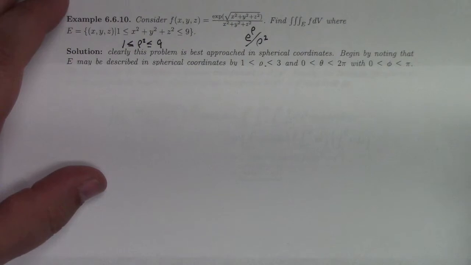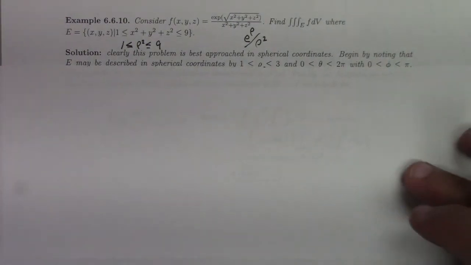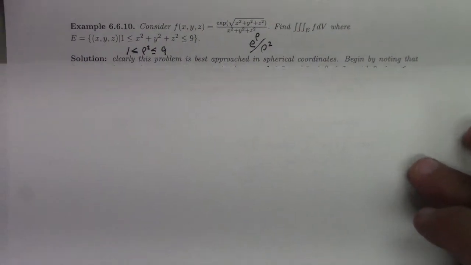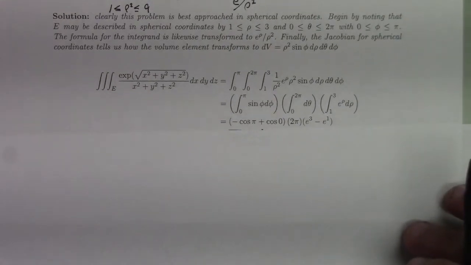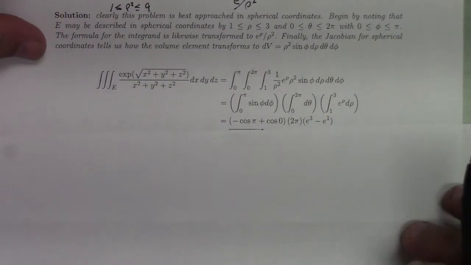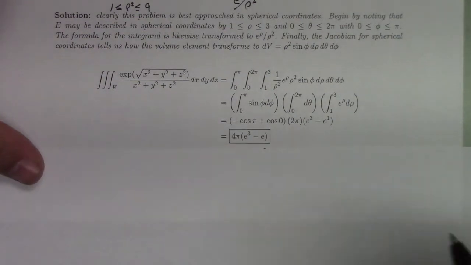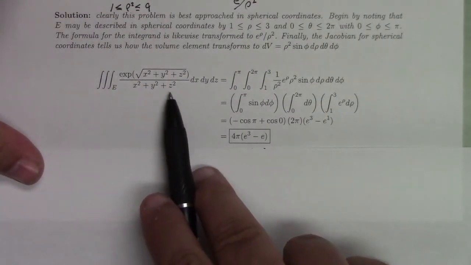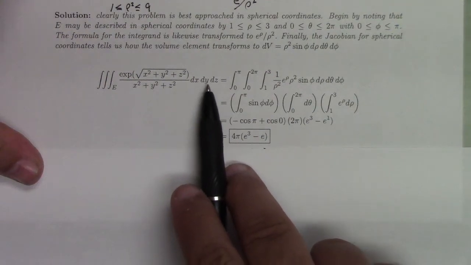There's no restriction on the angles, so we're going to integrate over the whole range of spherical angles. So 1 less than rho less than 3.